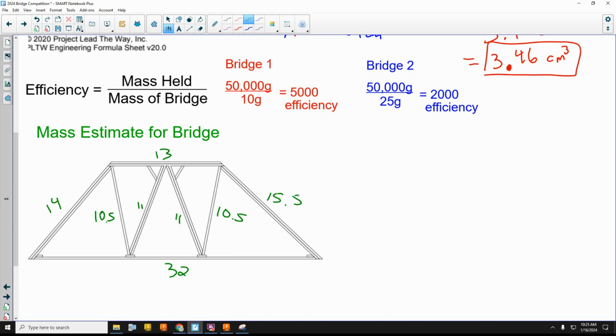So all of my lengths to make up one truss: I've got 2 that are 14, because I've got that drawn, so I'm going to double that. I've got 2 that are 13. I've got 2 that are 15 and a half.